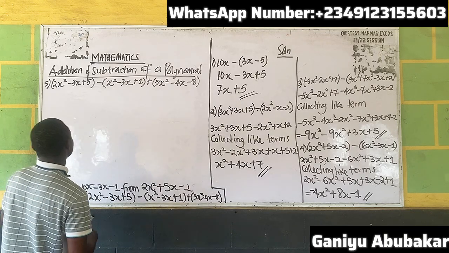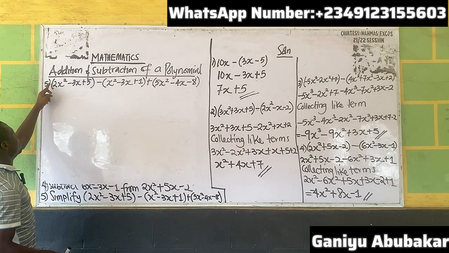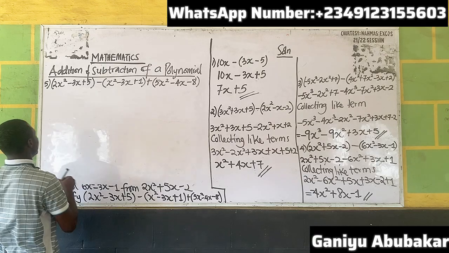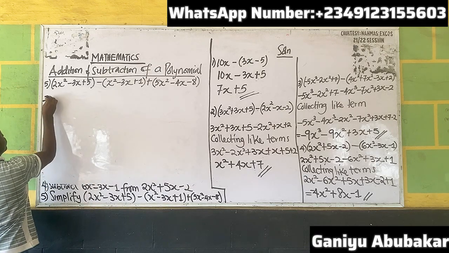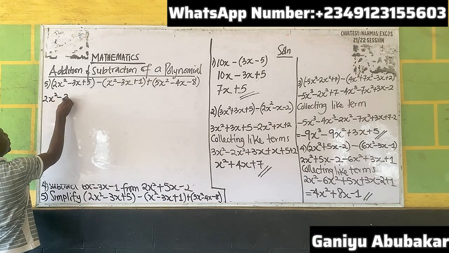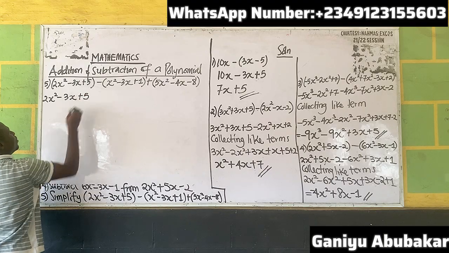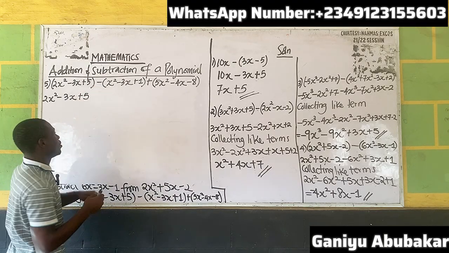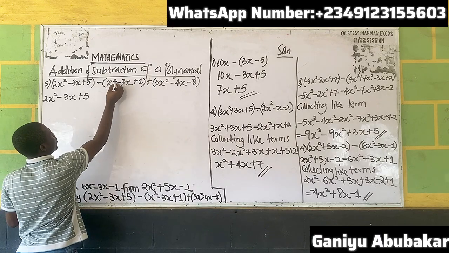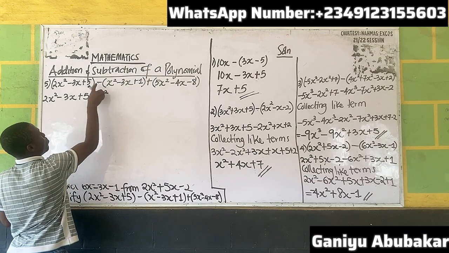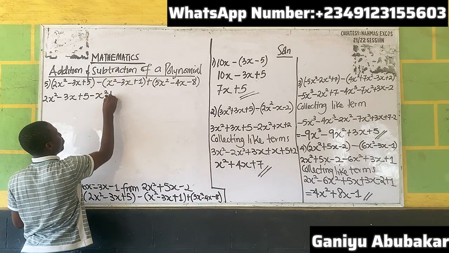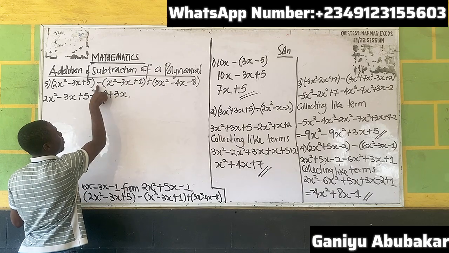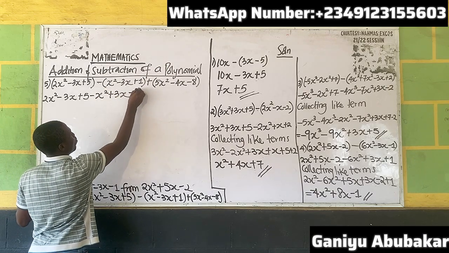That is first. The sign here is positive, so I'll just repeat this back. That gives you 2x squared minus 3x plus 5. The sign in front of this bracket is negative, so I'll use the negative to expand. Minus times x squared gives you minus x squared, minus times minus 3x gives you plus 3x, minus times plus 1 gives you minus 1.